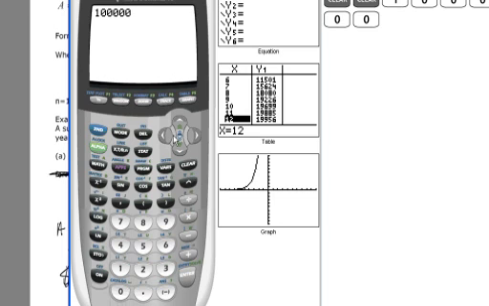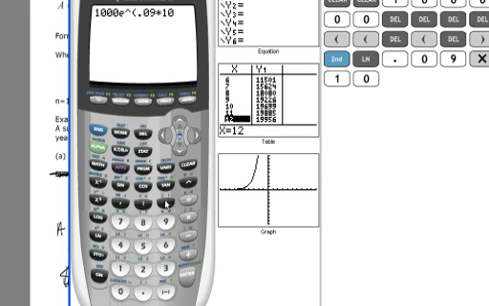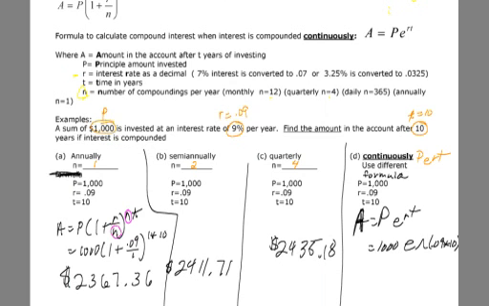Oop, too many zeros. $1,000 times e raised to the 0.09 times 10 power. Now this is continuously. What we end up with is 2459.60.